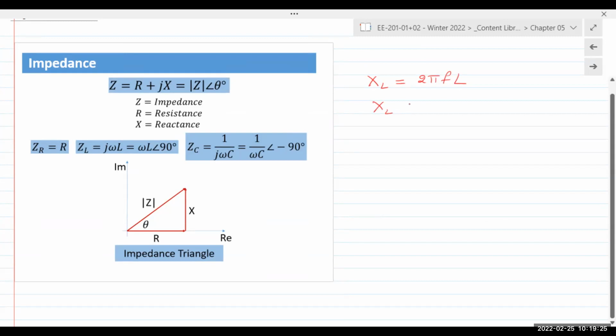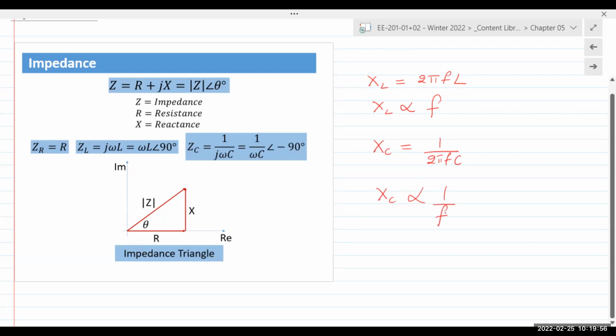So XL is directly proportional to frequency. The higher the frequency, the higher the reactance for the inductor. For the capacitor it is exactly the opposite: 1 over 2 pi FC. So it is inversely proportional to the incoming frequency.